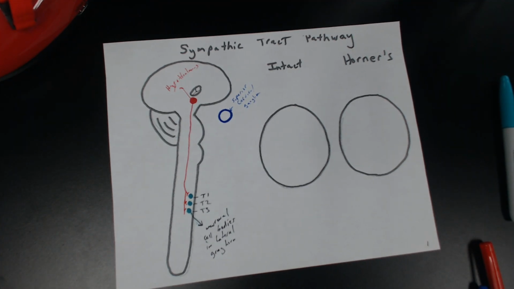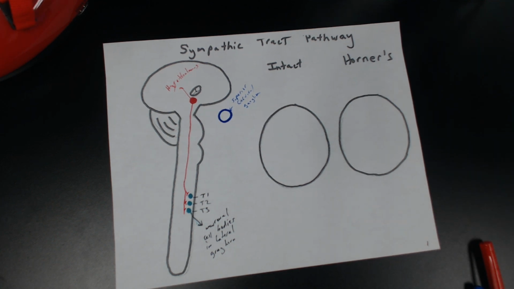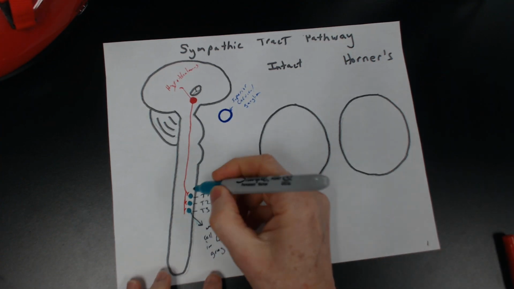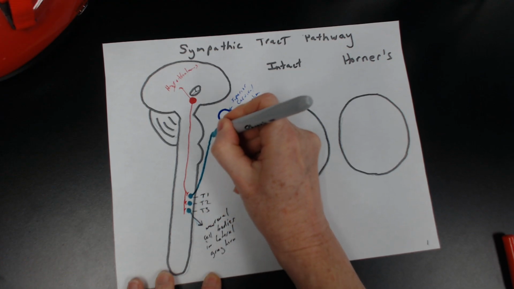Okay, those neuronal cell bodies, let's see if I can get it to stay with the color, in turn send out axons that travel up and synapse with the superior cervical ganglion.